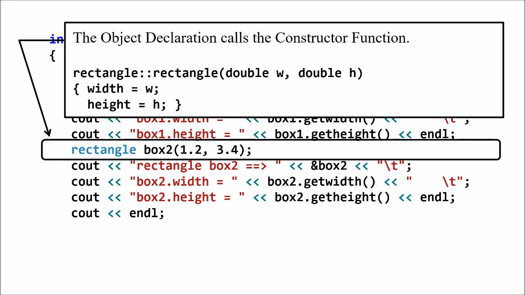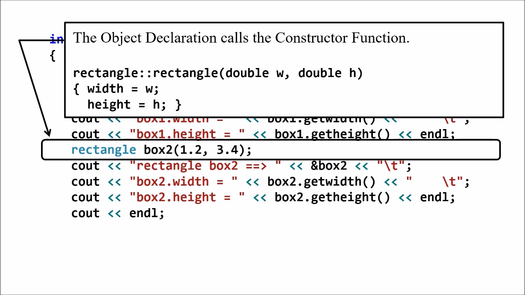Inside the function itself, the value passed to w is assigned to the width data member of the object, and the value passed to h is assigned to the height data member of the object. So this will set aside memory space for the object called box2, and the value of box2.width will be equal to 1.2, and the value of box2.height will be equal to 3.4.